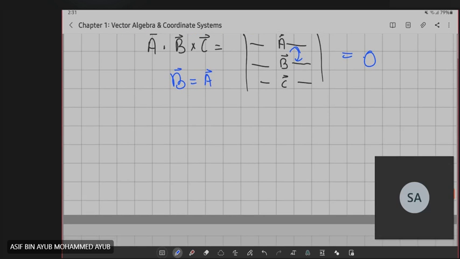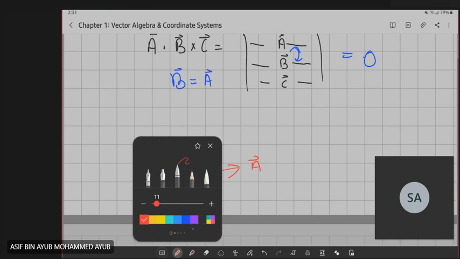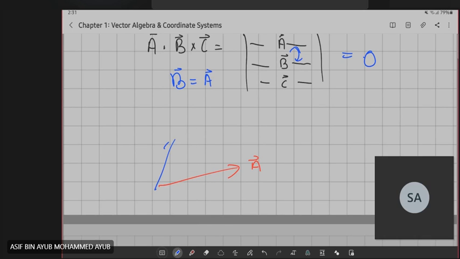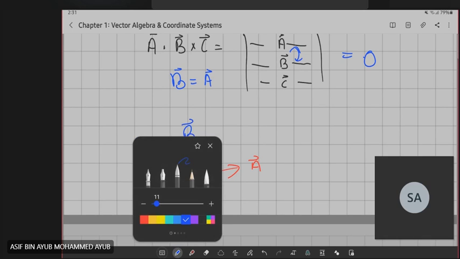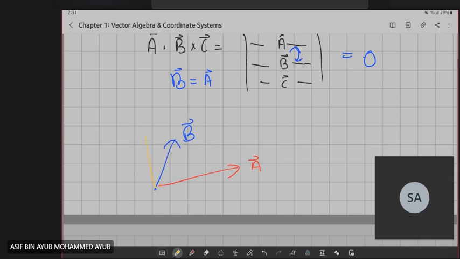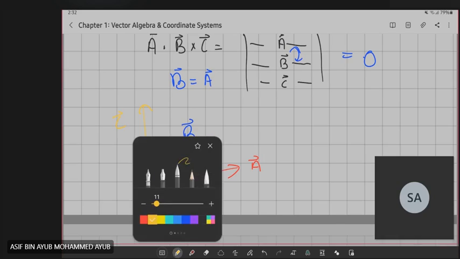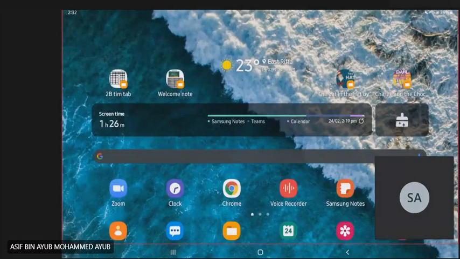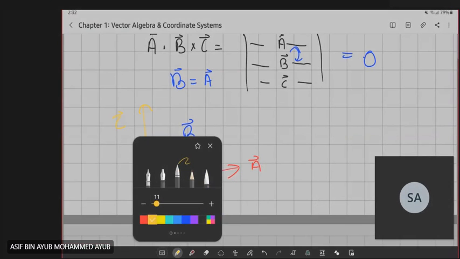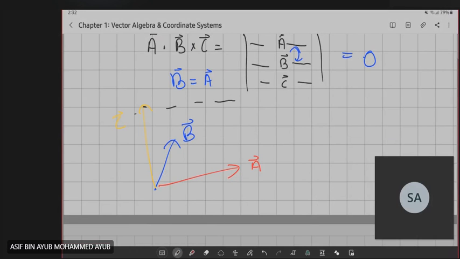What does this mean geometrically? Let's try and see this. So I have a vector A like this, and a vector B like this. And imagine that we have a vector C that is not in the same plane. Together they'll form a box of some kind.